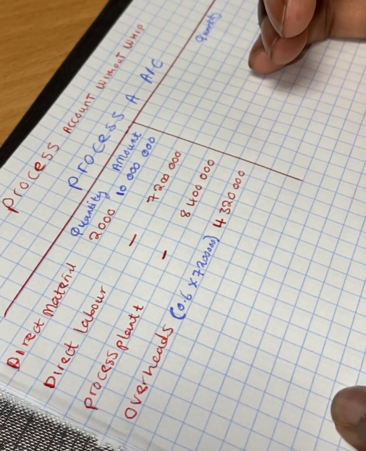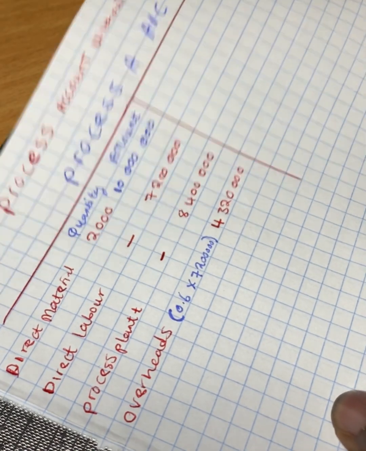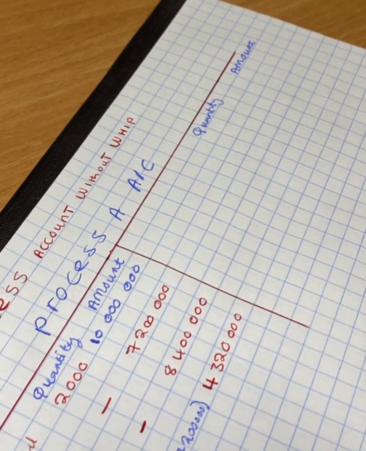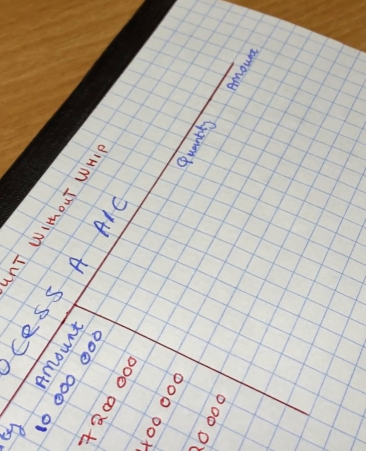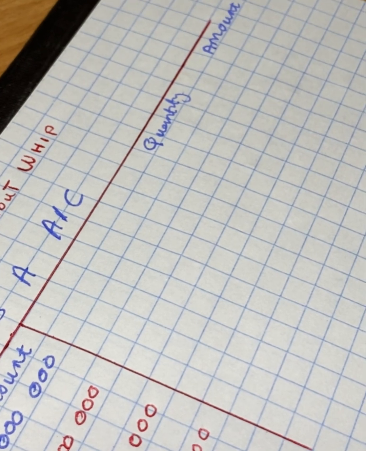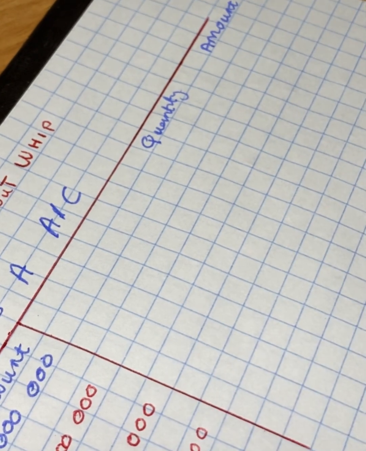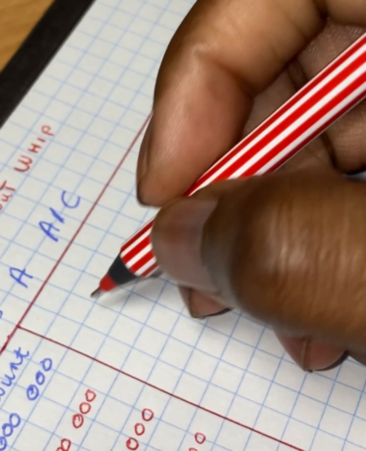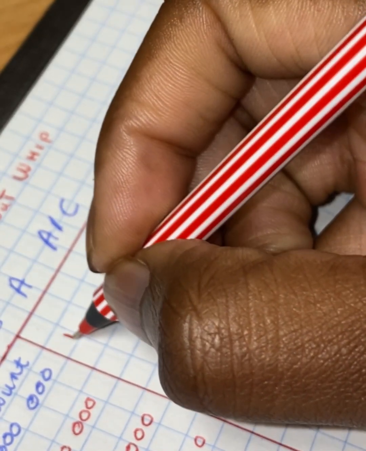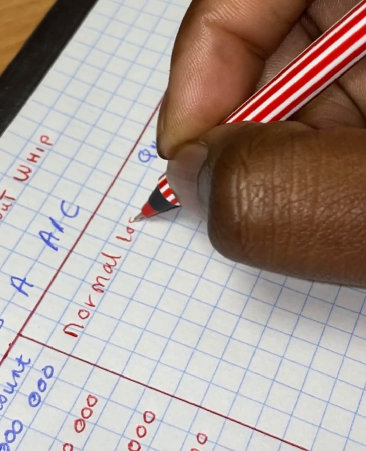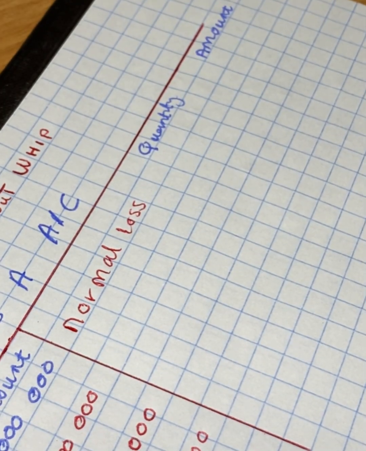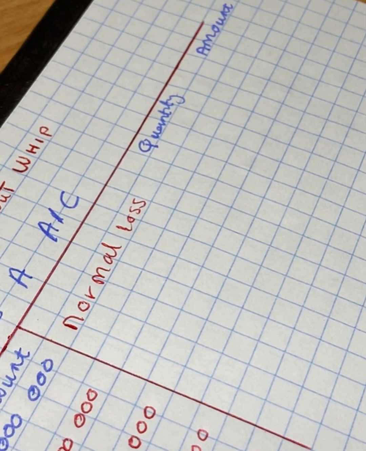We can now move on to the credit side of our process A account. For the credit side, we said we only put two things. Those are the normal loss and the output. For the normal loss, what do we have in terms of quantity?